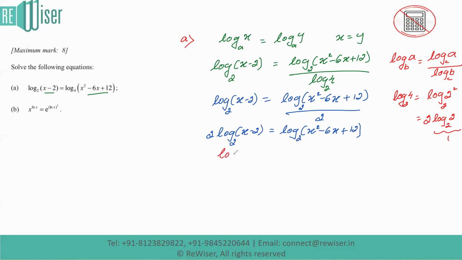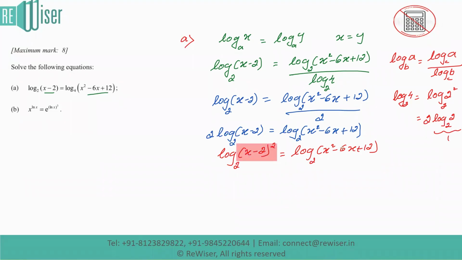So it's going to be log of x minus 2 whole square to the base 2 is equals to log of x square minus 6x plus 12 to the base 2. Now on both sides I have the same logs with the same bases, so I can equate these things.